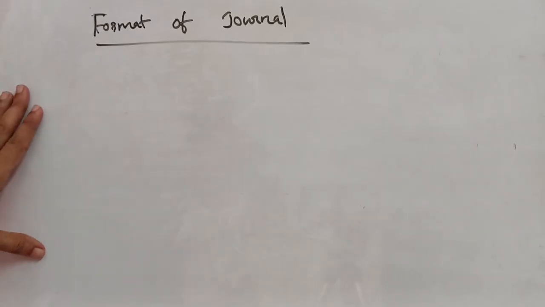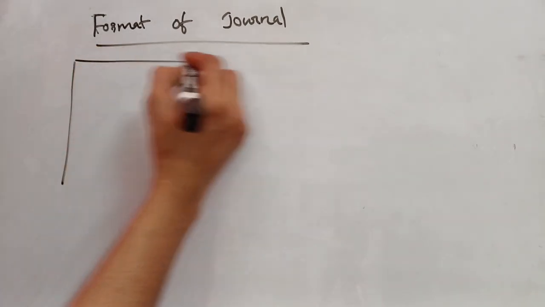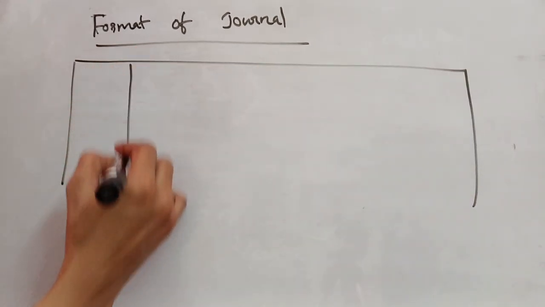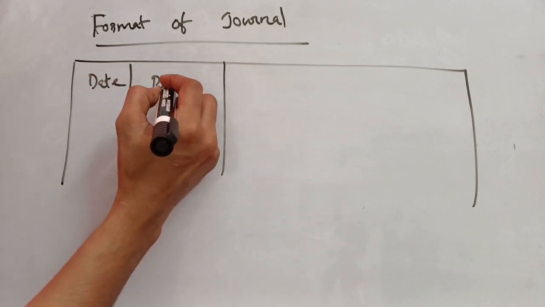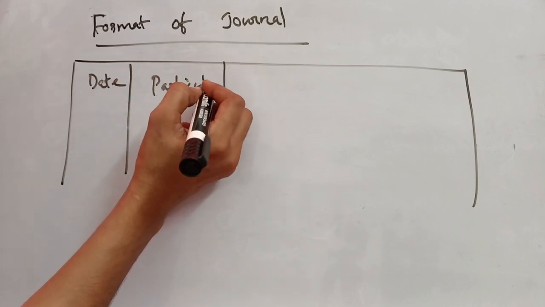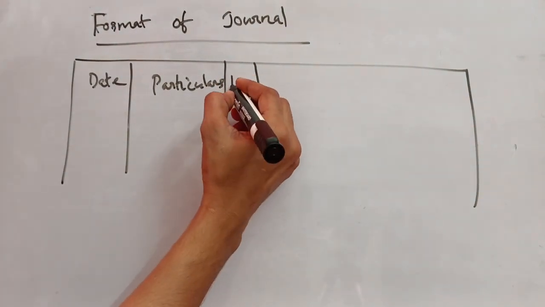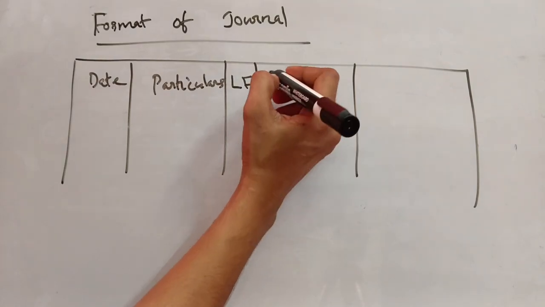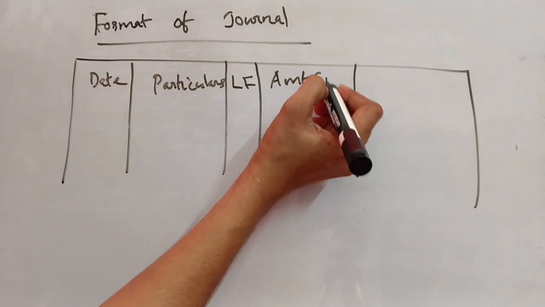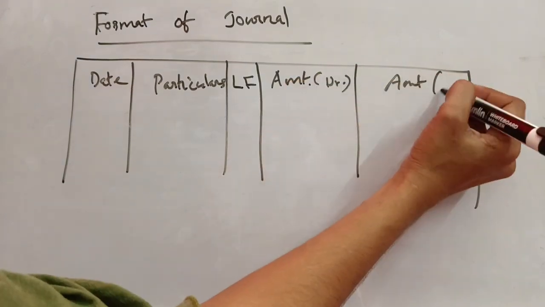Now we can draw the format of a journal. A journal has 5 columns. The first is the date column, then the particulars column, then the ledger folio column, then two amount columns: one is the debit amount column and the other is the credit amount column.